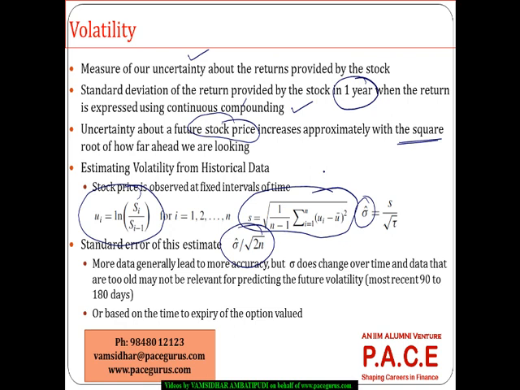The more data I have, the more accuracy I get, but I know that the volatility is going to change over time, and at the same time I don't want data that is too old for predicting the future volatility. That is the reason generally 90 to 180 days of data is typically taken for estimating the volatility from the historical data.